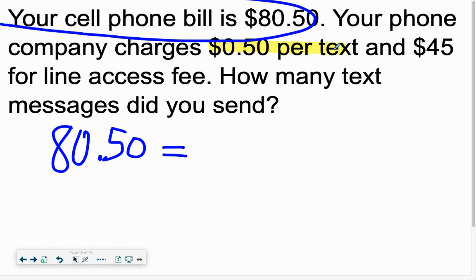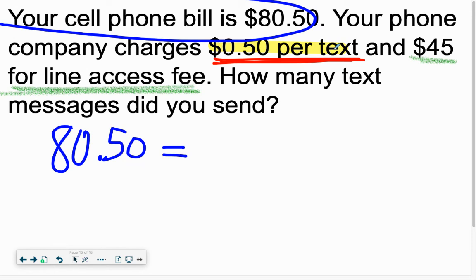Now, what do you get charged for? You get charged for 50 cents per text and 45 cents for a line access fee. One of those, the 0.50 or the 45, needs a variable. In 1 month, what are you getting charged over and over and over for? Do you get charged per text in this instance, not in your real life? Or do you have to pay this $45 many, many times in 1 month to have the phone?